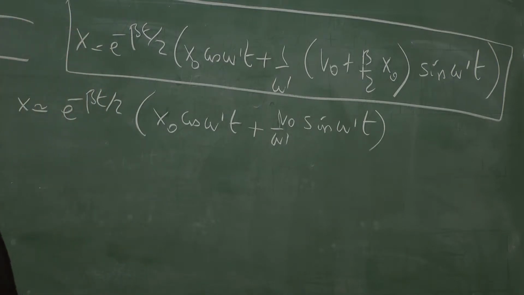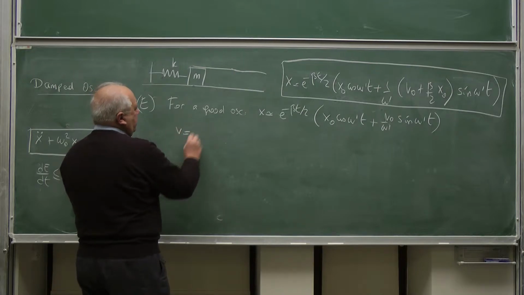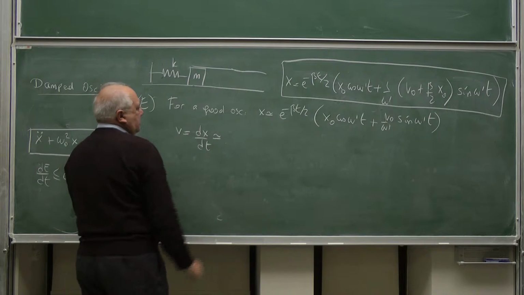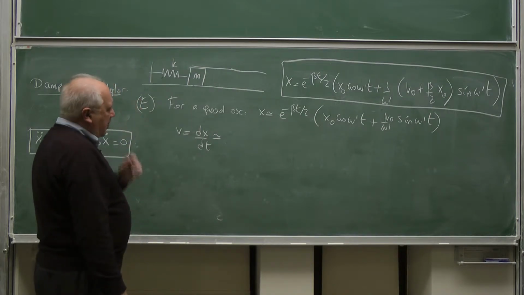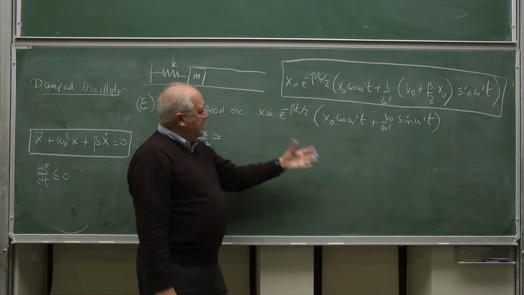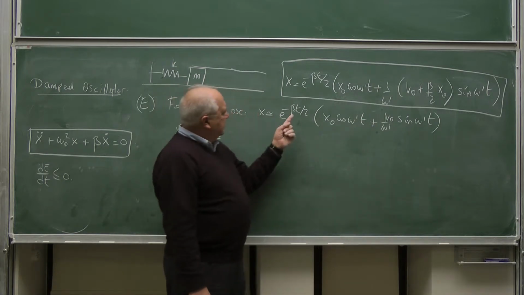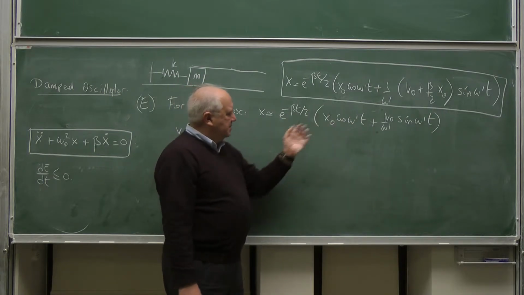And I will take the velocity, which is dx/dt. Again, let's make an approximate computation. There are two terms that depend on time, this exponential and that. If I take the time derivative of this, beta will come down and multiply this.